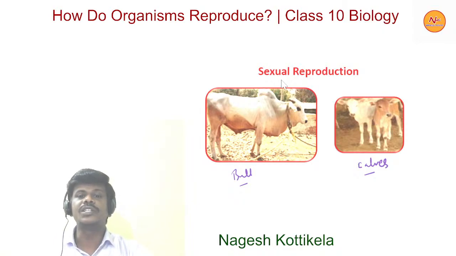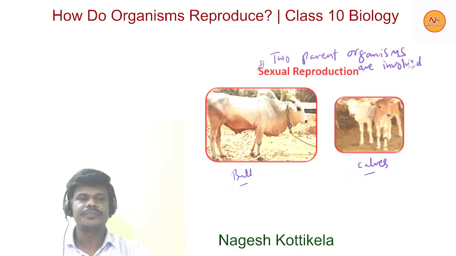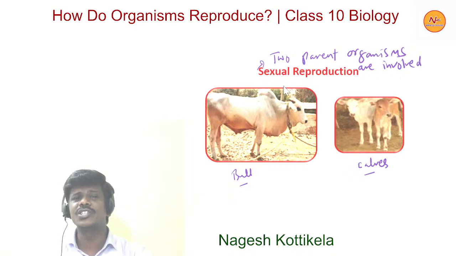That is what is involved in sexual reproduction. So two parent organisms are involved in the sexual mode of reproduction, and in the case of the other mode, asexual reproduction, a single parent organism is involved.